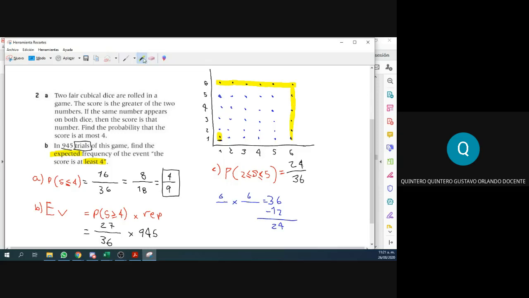Now, every single one of the ones that I did not highlight, all of these, are the possibilities that are good, right? If we select any of these dots, the biggest value will be a 2, a 3, a 4, or a 5.